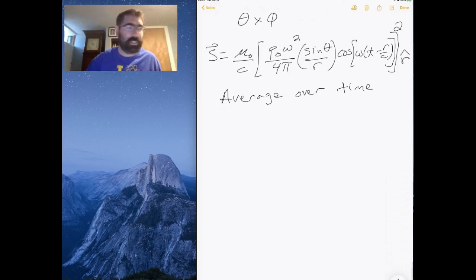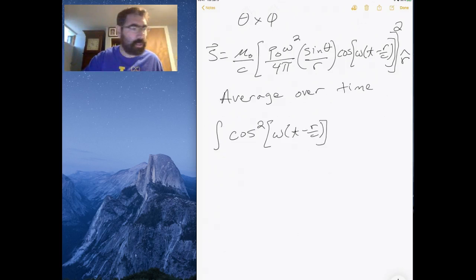If we average over time, then the only thing that is time dependent is the cosine. So we would be integrating over the cosine squared dt, and the integral of the cosine squared is 1/2.